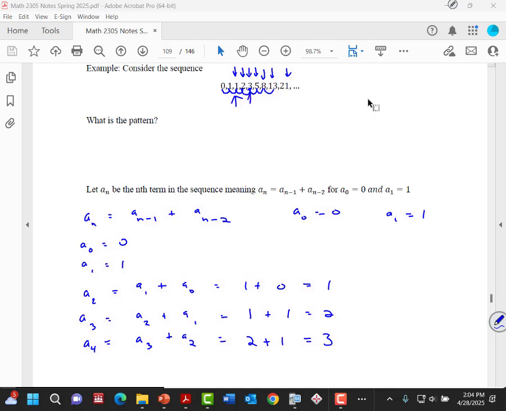That's this 3 right there. What about a5? That's a4 plus a3. That's 3 plus 2, which is 5. There we have it right there. Okay? So it's important to see that the current term a sub n is simply the sum of the two prior terms, a sub n minus 1 plus a sub n minus 2.